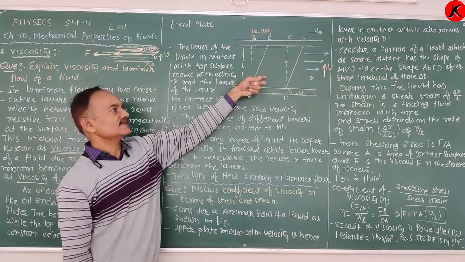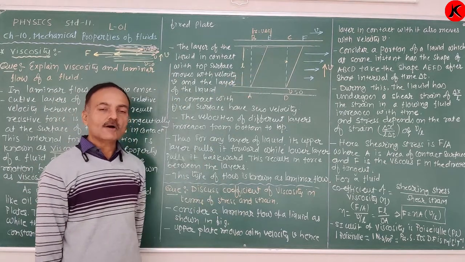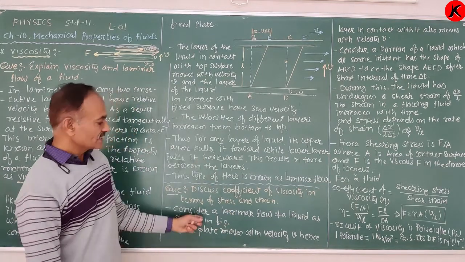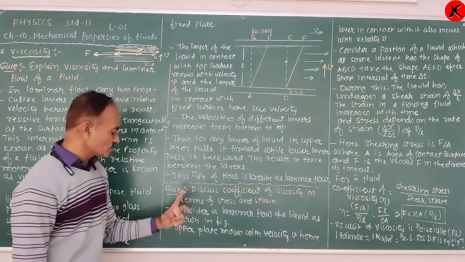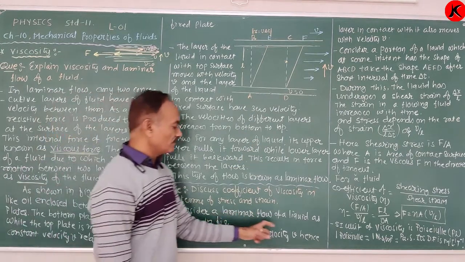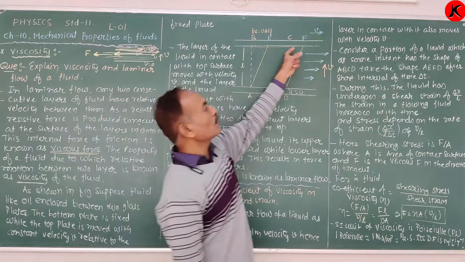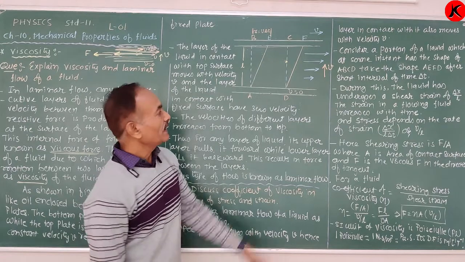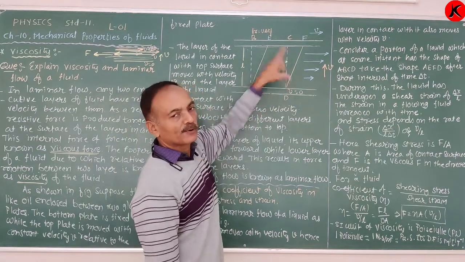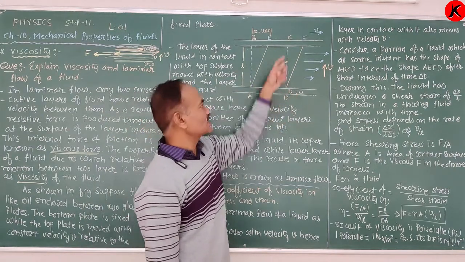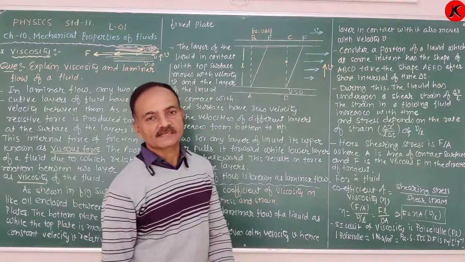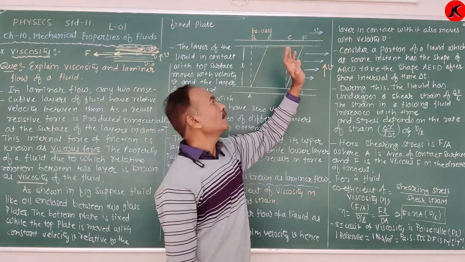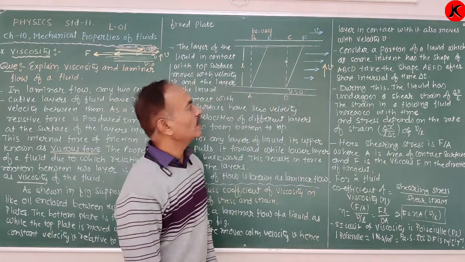The lower plate is fixed while the upper plate moves with a velocity v. Therefore, the layer of the liquid in contact with the upper plate moves with the same velocity.